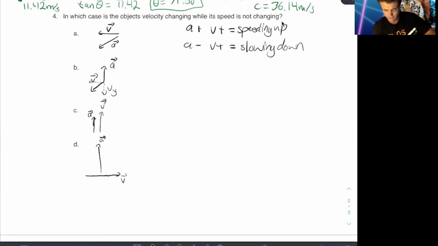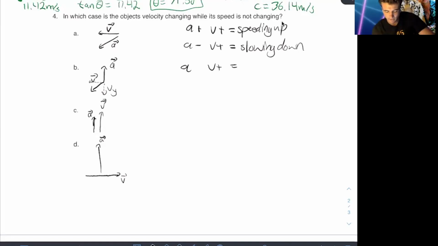It looks like, let's say the velocity is going in the positive direction here. Acceleration isn't going in the positive or the negative direction. So what does that tell me about the speed, right?